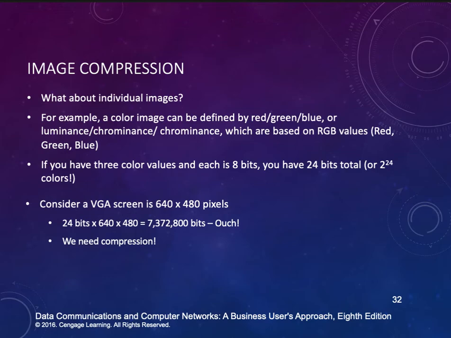For example, using the 3 colors with 8 bits each, totaling 24 bits, gives 2 to the power 24 colors. For 640 by 480 pixels, 24 bits multiplied by 640 multiplied by 480 is about 7 million bits that need to be compressed. So the higher the resolution of the image, the higher the bits.